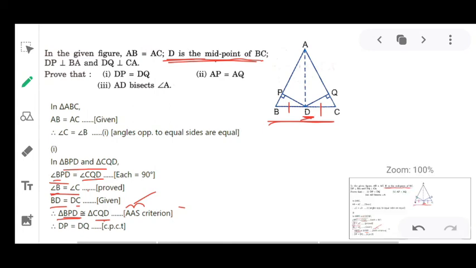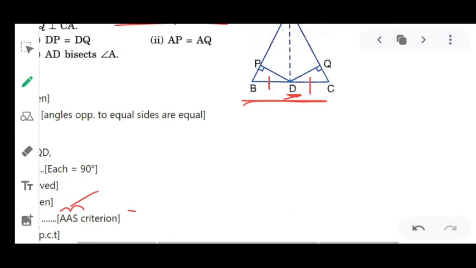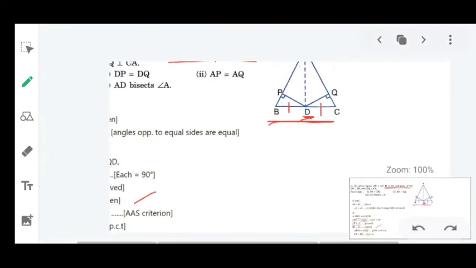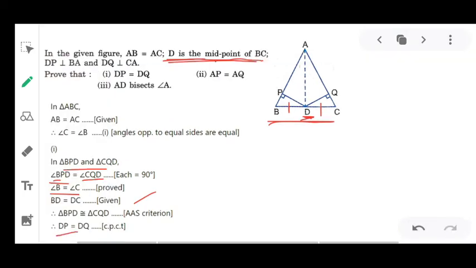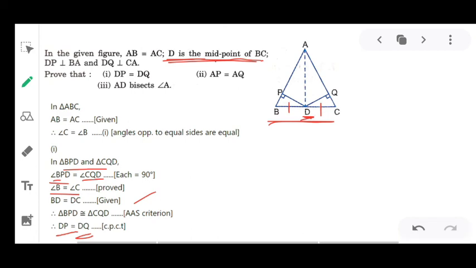Clear? Now, if these two triangles BPD and CQD are congruent, then we can say DP equals its corresponding side DQ by CPCT. Clear? So the first bit is proved.